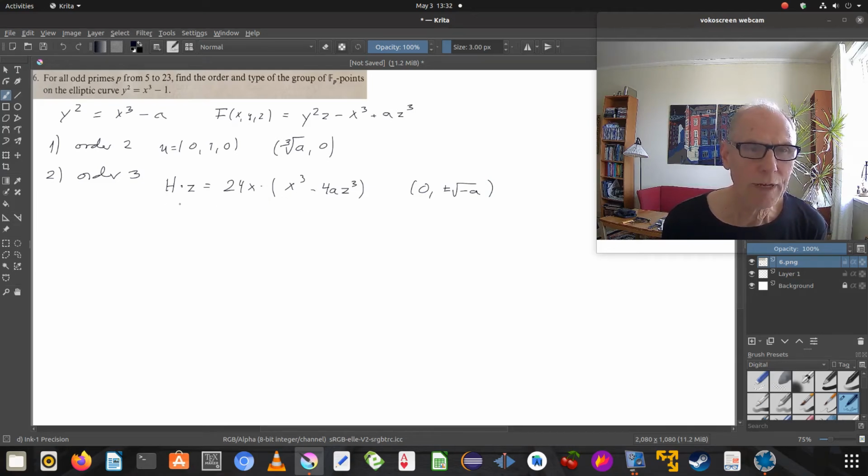And we already have the unit point, so we can just set z equal to unity. So it's the cubic root of 4a, and then if x to the third is 4a, then x squared is 3a.